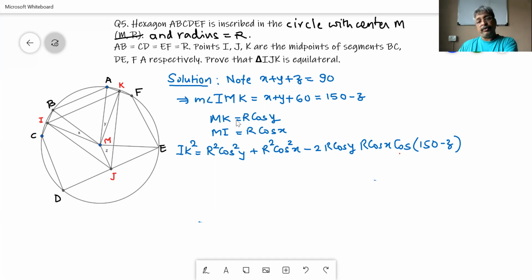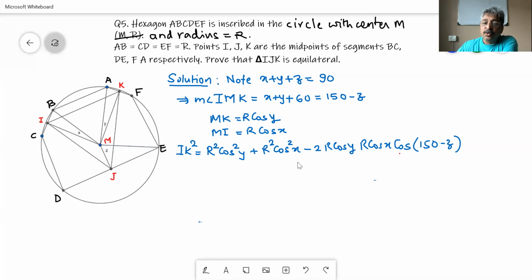So the effort needs to be done to find one of the lengths. I am choosing IK square, and if I could produce symmetry out of this, then I can say that IJ square and KJ square also will look alike, and therefore it is equilateral. So it is a simple calculation henceforth.